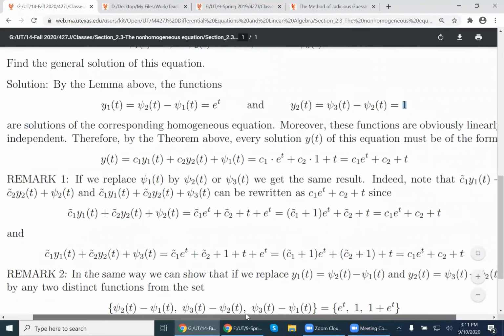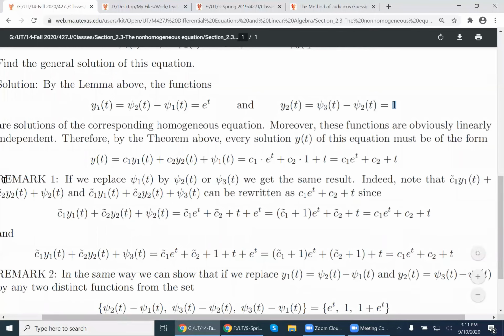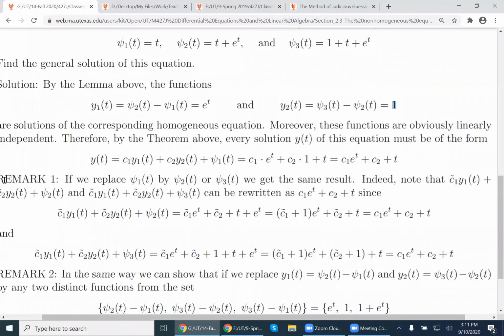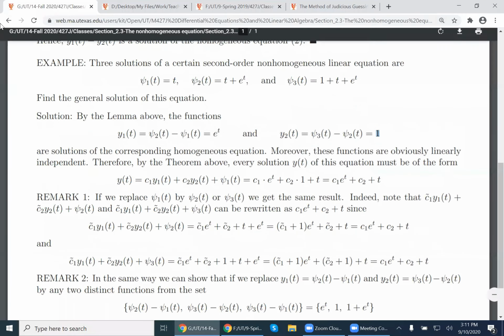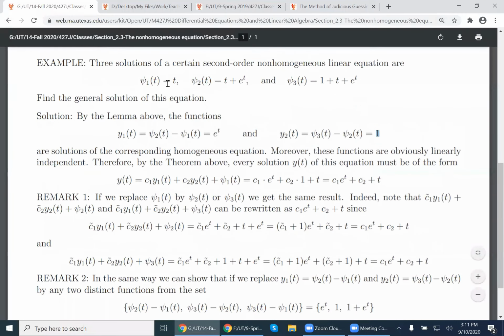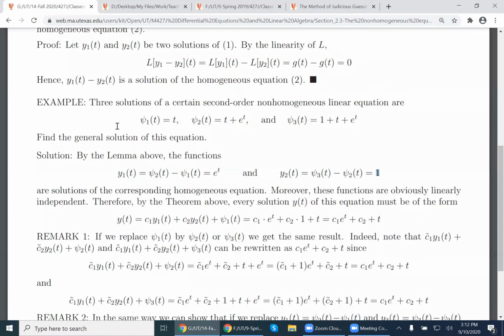Any other questions? Yeah, I've got a question about how we're saying that psi of t is the solution to the non-homogeneous equation, when I thought the solution was the entire C1 Y1 of t, C2 Y2 of t plus psi of t? Well, it's written 3 solutions. Here are 3 solutions.